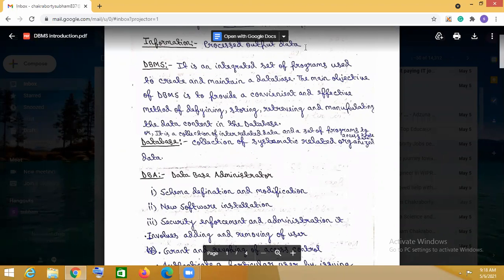Authentication of a particular user by issuing a valid user ID and password. For example, when you want to log in to Facebook, you write a user ID and a password. How does the system know that this is you? That's why, before logging in, you first have to sign up.